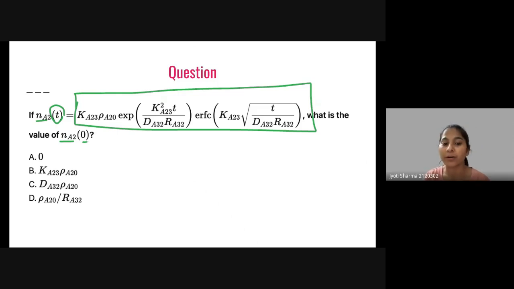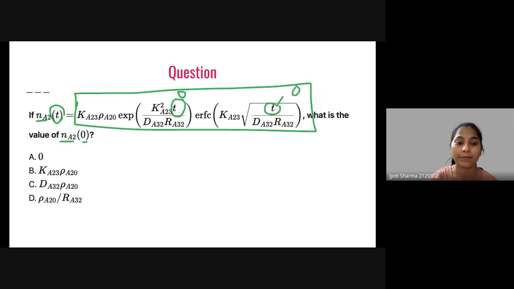So, what will be your term? If the time is equal to 0, then what will be the value of your flux? Flux for the contaminant A that is in the pore water. So, if we have t equal to 0, this will be 0. This will be 0.